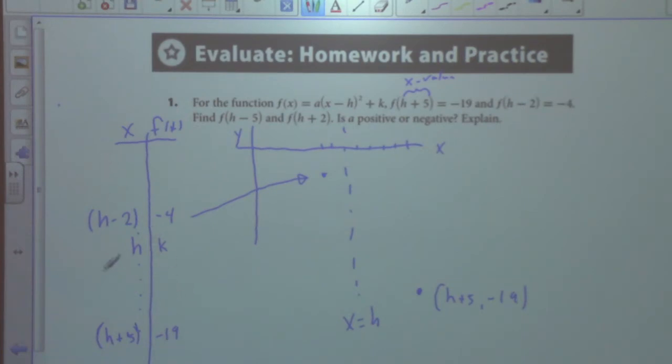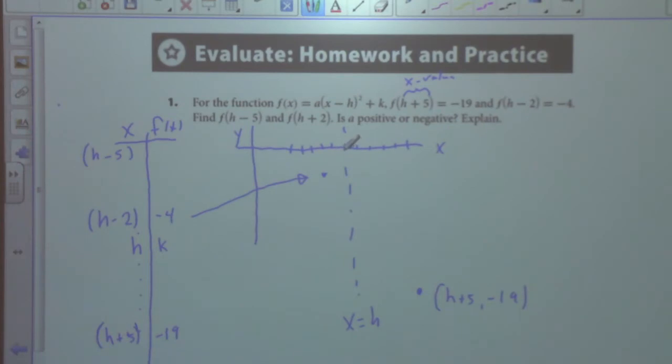Let's go on here. It's asking to find f of h minus 5. So if we put h minus 5, what is our output value going to be here? We have f of h plus 5 is negative 19.